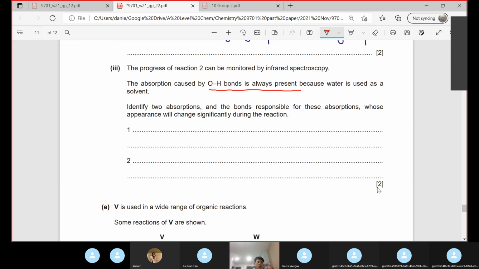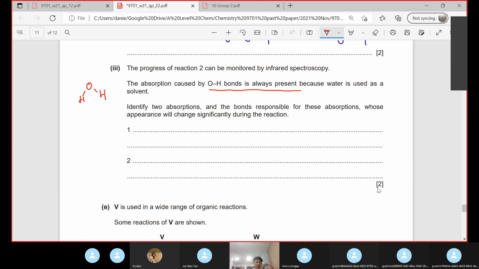Water, H2O, has an OH bond. So in this question, you cannot write down the OH bond as the indicator to be monitored, because there is water inside.